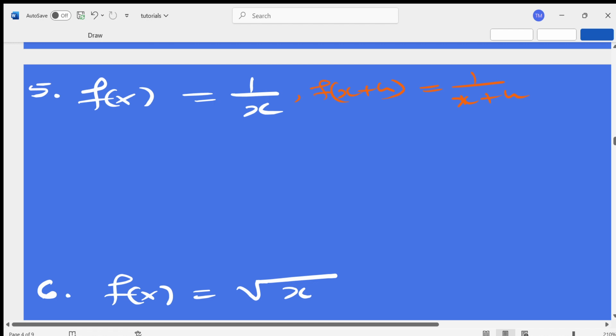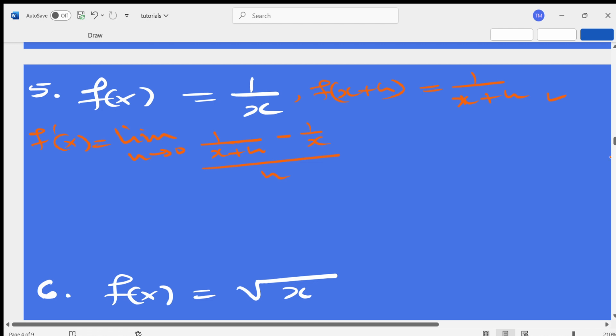So now, the space is small, but f prime of x is going to be the limit as h goes to 0 of f of x plus h, which is this one again. So it's going to be 1 over x plus h minus 1 over x, and all over h.